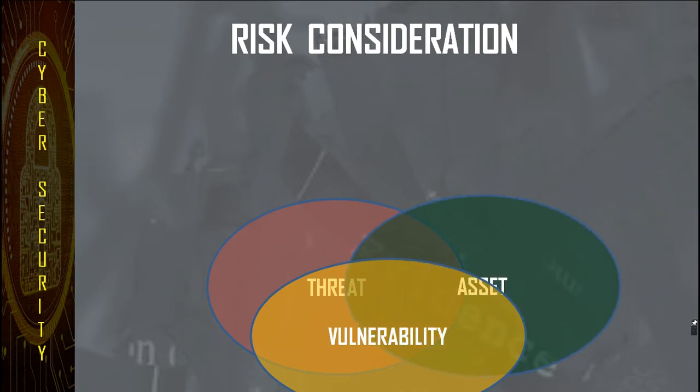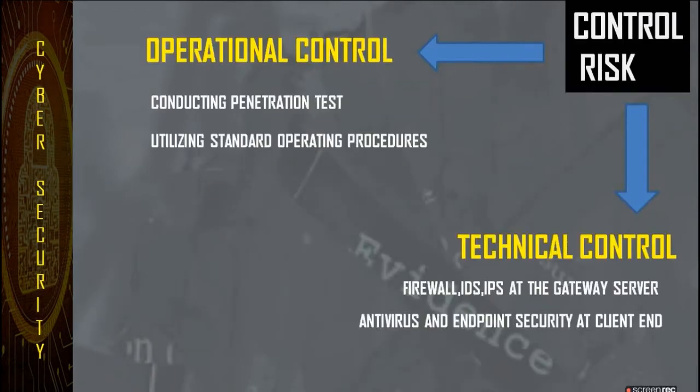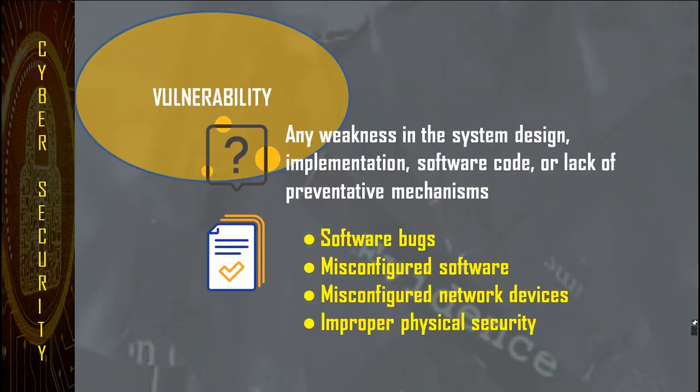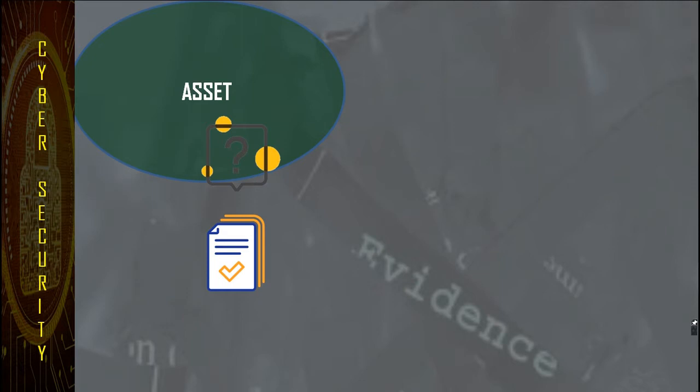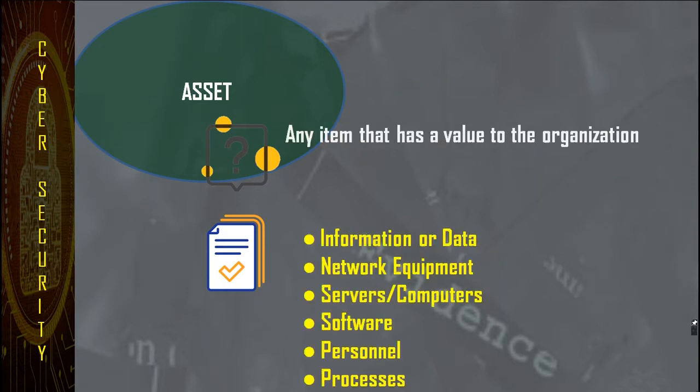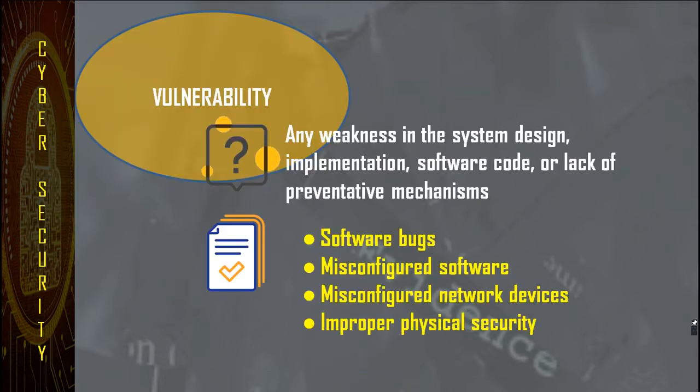We will discuss now risk considerations. Here asset, vulnerability, and threat are the main three components. Any item that has a value to the organization is called an asset. Examples: information or data, network equipment, servers/computers, software, personnel, processes.